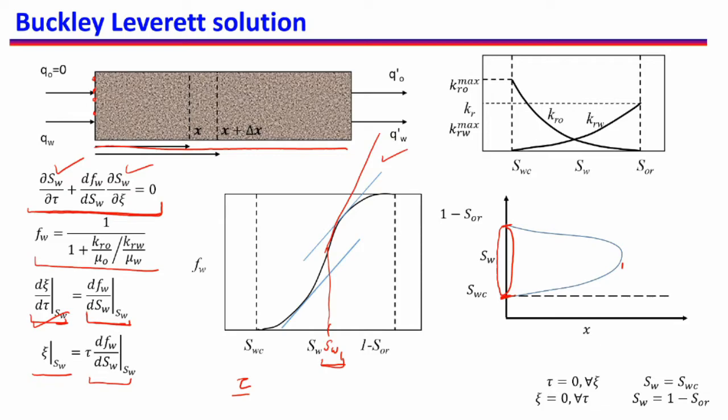So now at a given time tau, if we want to find out where all the saturations have reached, we can find their position at that given time tau using equation 1.